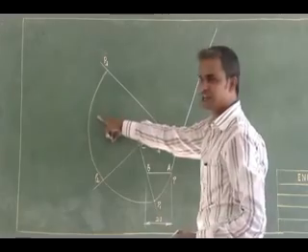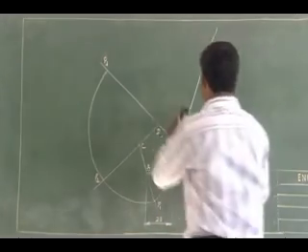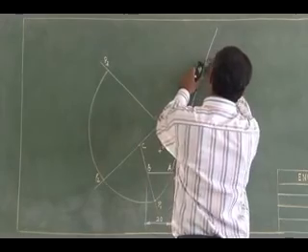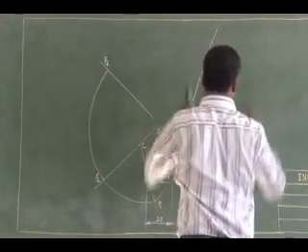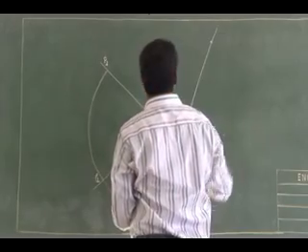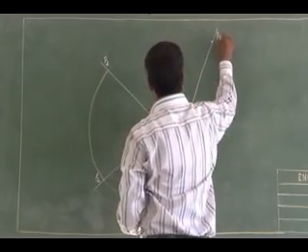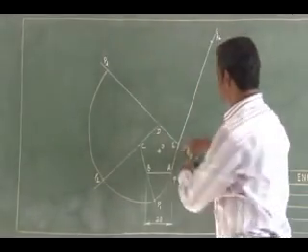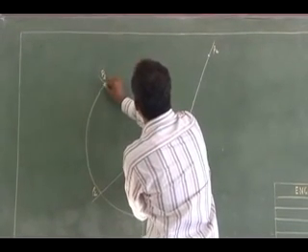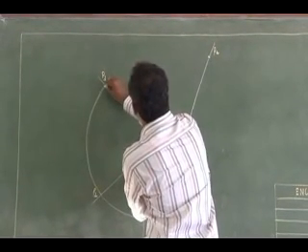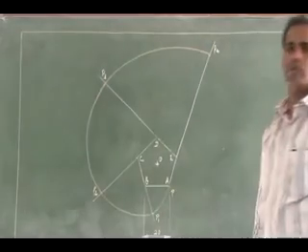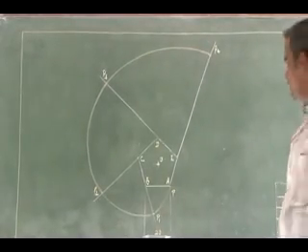This radius is 60, the other radius is 80. This is going to be my P4. So using E as center, EP3 as radius, that is 80 as radius, you can end up with point P4.